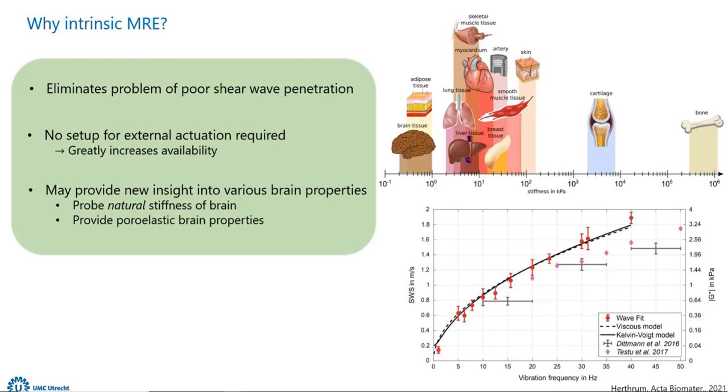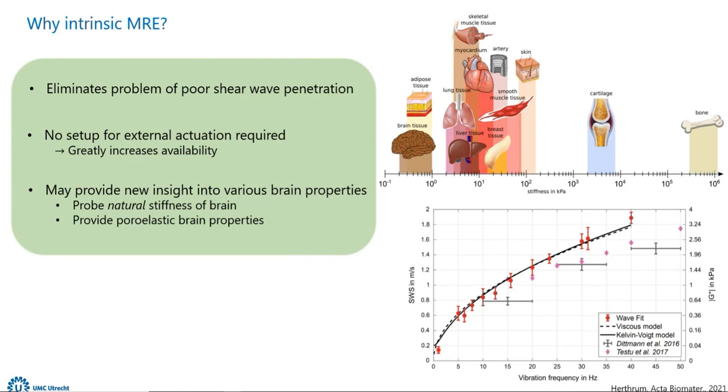And if we want to use standard elastography that I described before with the mechanical actuators, you actually stiffen the brain by quite large amounts. As you can see on this bottom graph here, you see how the stiffness increases with the actuation frequency. So again, you really change the properties of the brain by applying that technique. And that's also something we circumvent with intrinsic MRE.